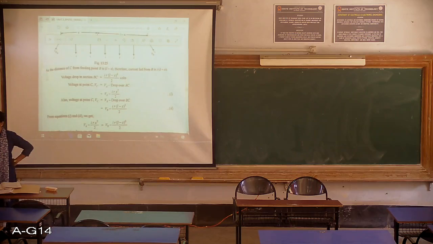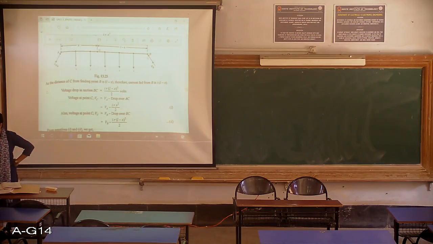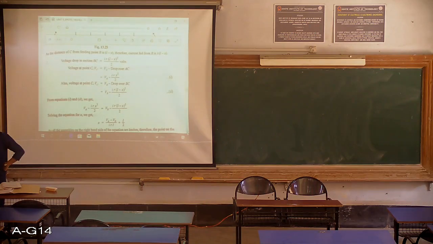So the voltage at point C, with respect to feeder B, is VB minus the drop over BC, which we have written as IR into (L minus X) whole square by 2. Now these both are equal. Clear?